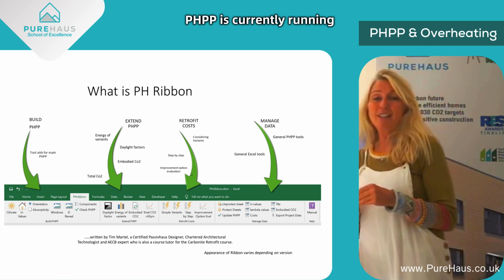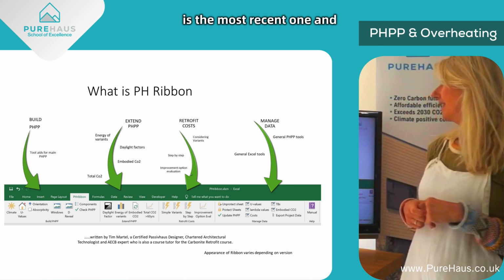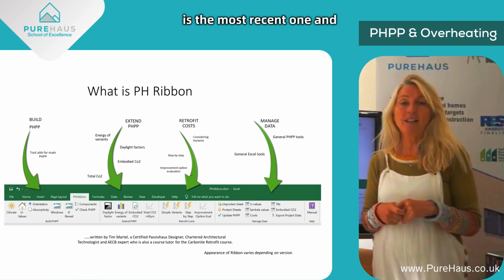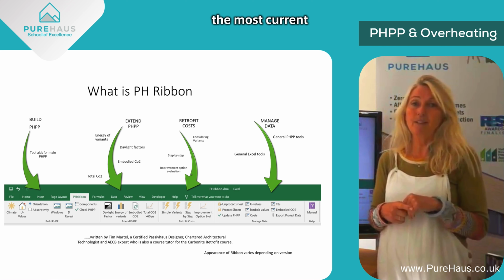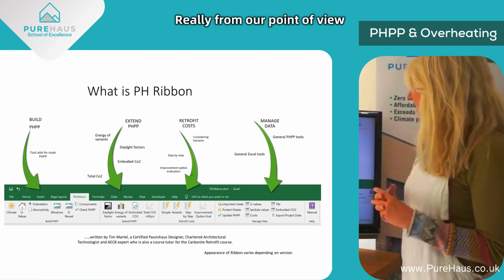PHPP is currently running version 9, and the pH ribbon that works with that is the most recent one and the most current in terms of its content and evaluation.